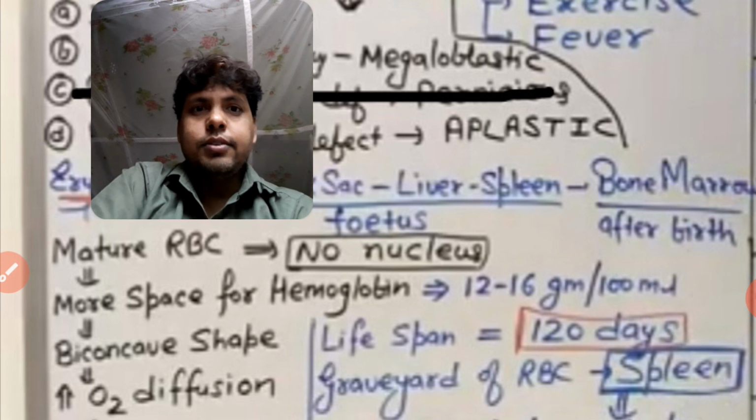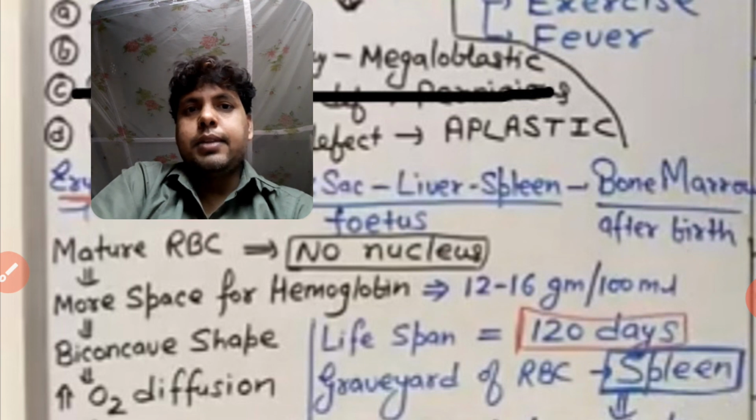Now we are learning about the shape and size of RBC. A mature RBC has no nucleus. In the early stage, the RBC has a nucleus, but after maturation, it has no nucleus, and this provides more space for capturing hemoglobin.